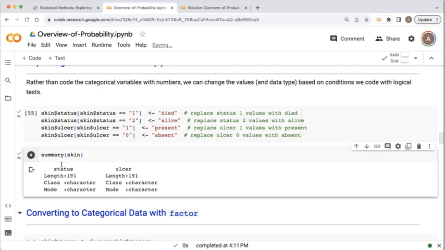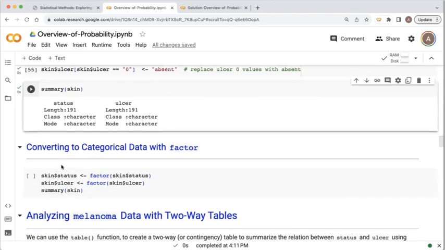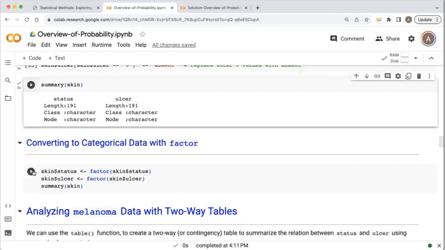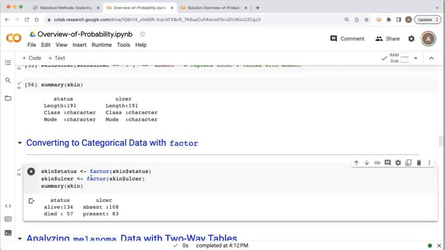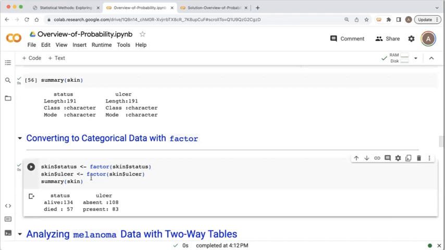It has changed all of these numeric data types to character data types, so this is not a really helpful summary. Recall, categorical variables we want to store in R as factors. So finally, this command over here is going to convert status and ulcer variables to factors. So this means R is going to treat these as categorical.